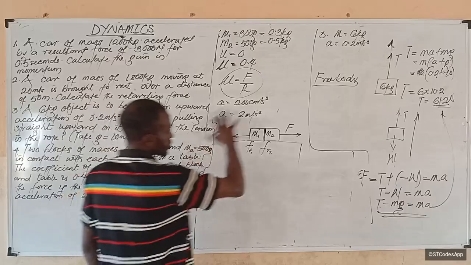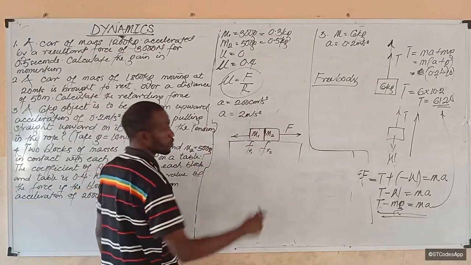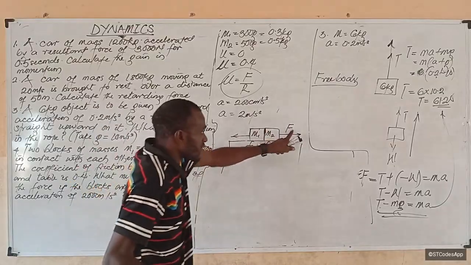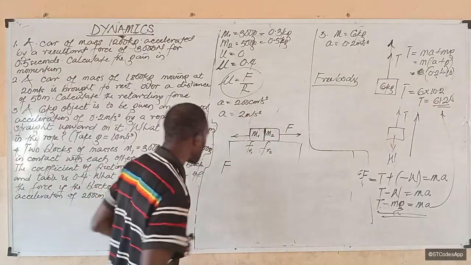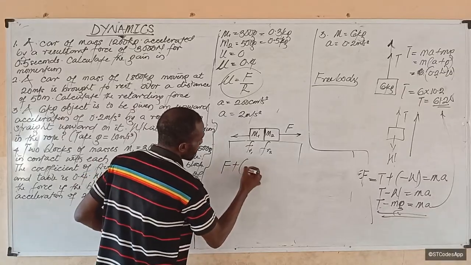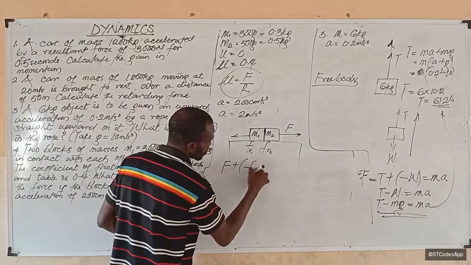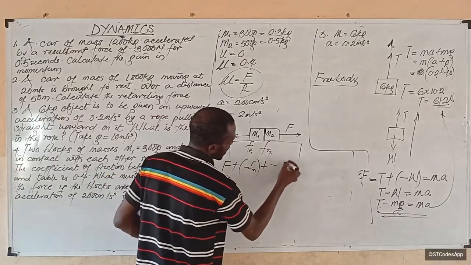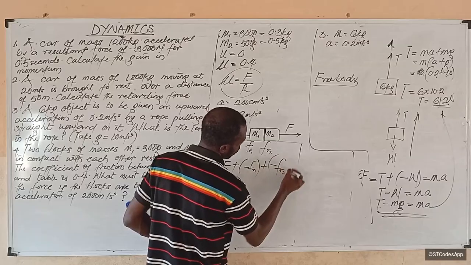So the sum of forces on these two blocks is going to be the force that is in the direction of motion, the force that is trying to cause it to move, right? So plus, minus the frictional force due to block 1, minus the frictional force due to block 2.